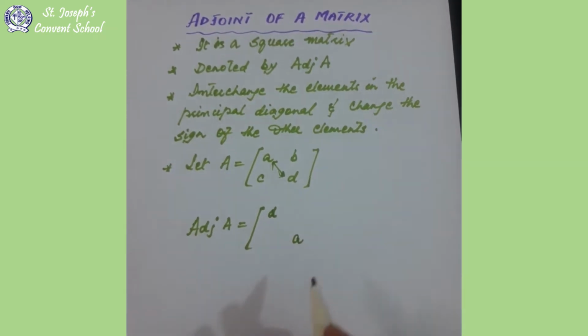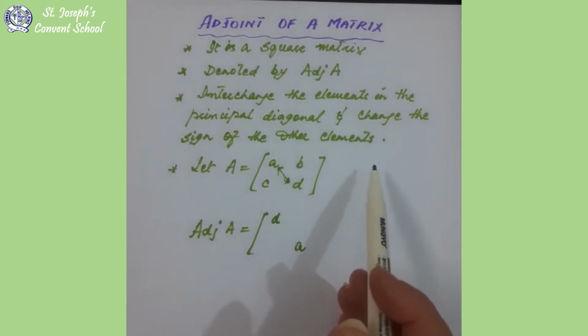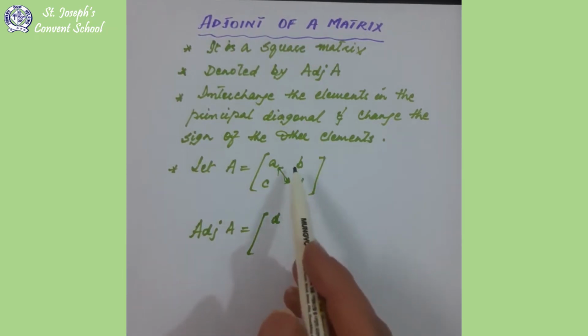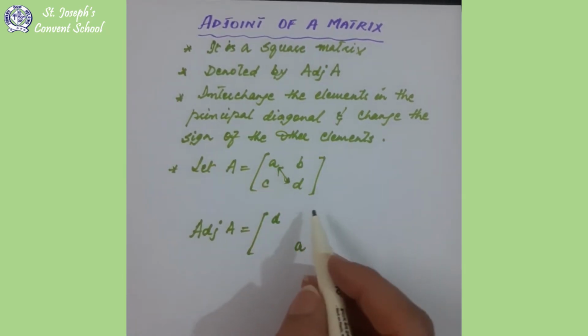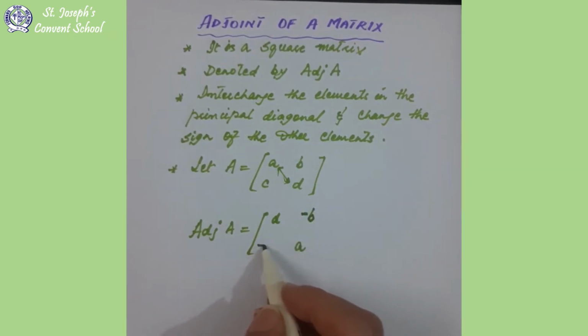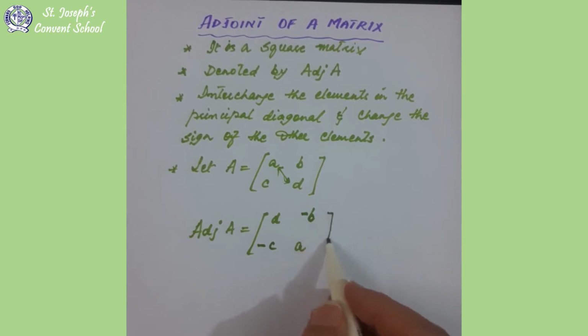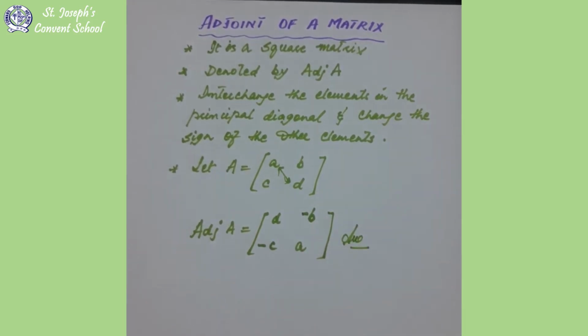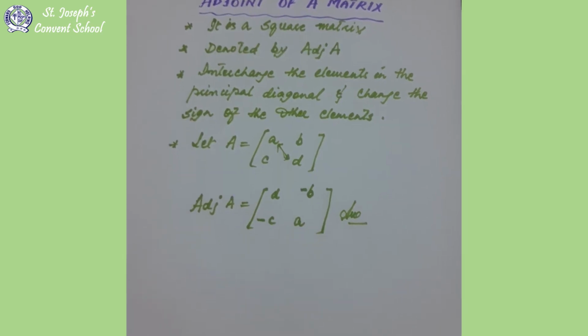Then the second part, change the sign of the other elements. Other elements are second and third, so plus B will change into minus B, plus C will change into minus C. So this is the answer. Change the place of first and last element and change the signs of second and third element. Let me give you examples now how to change it.